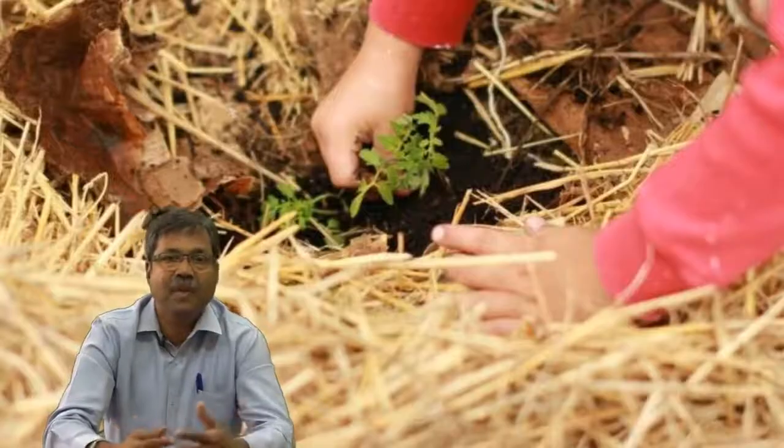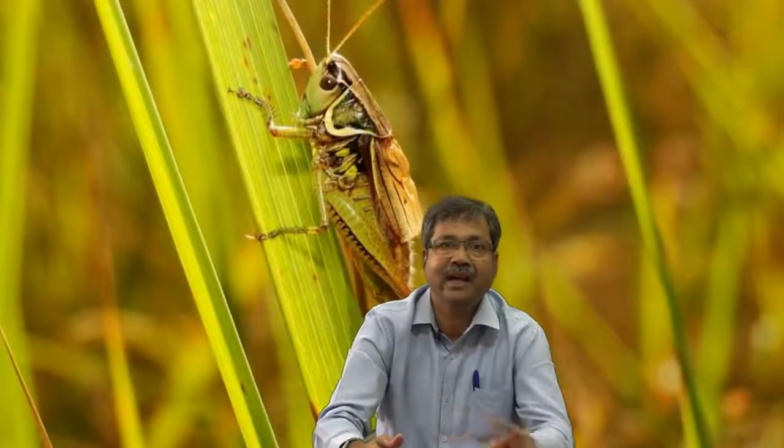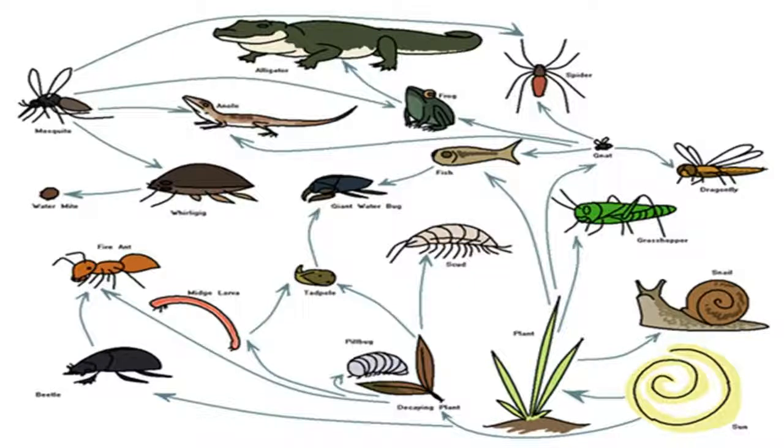For example, if we take the example of a tiger, if it is not in a forest, the entire trophic structure is disbalanced or disturbed. Herbivory is not only deer or ungulates, herbivory is grasshoppers also.